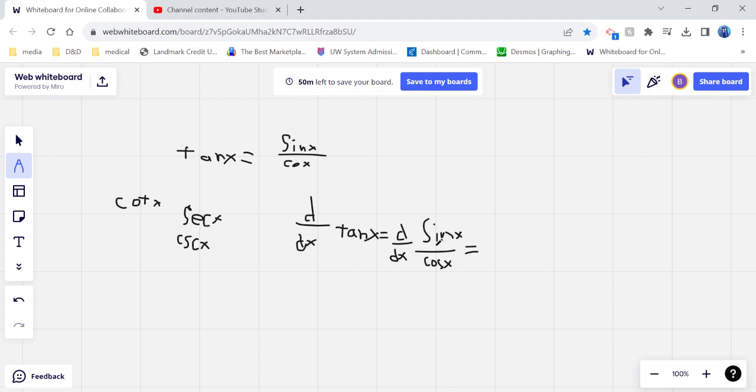So it would be low d high. So cosine times cosine, right? Because the derivative of sine, that d high, would be cosine, minus high, sine, times negative sine, right?